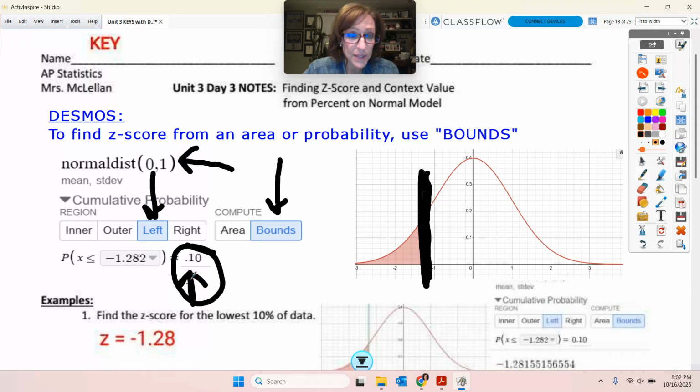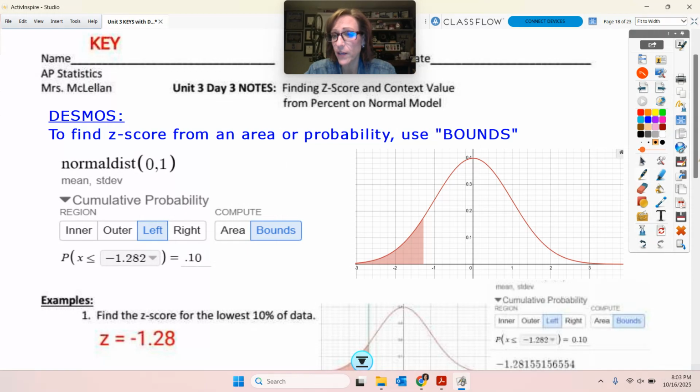So I typed in 10% because I wanted 10% to the left. And then it will give you this value in here. It says, okay, then that means I have this bound of negative 1.28, which makes sense because it's a negative z-score and it's, of course, below the mean. Okay, so having that negative z-score below the mean.